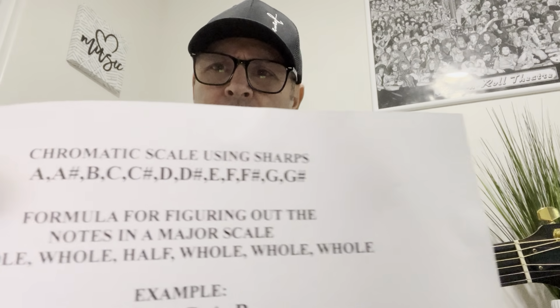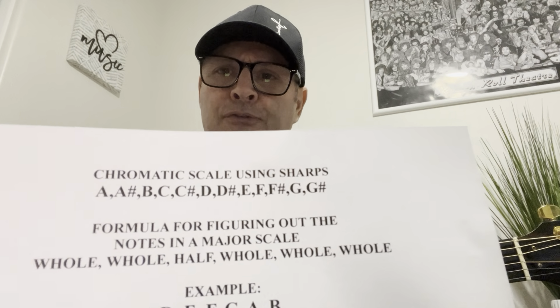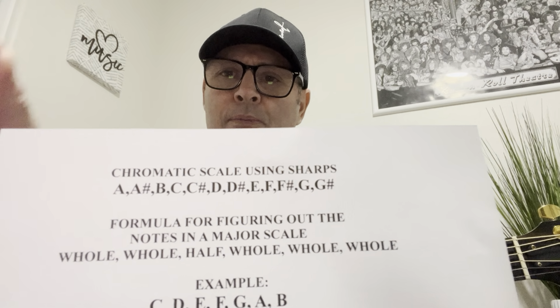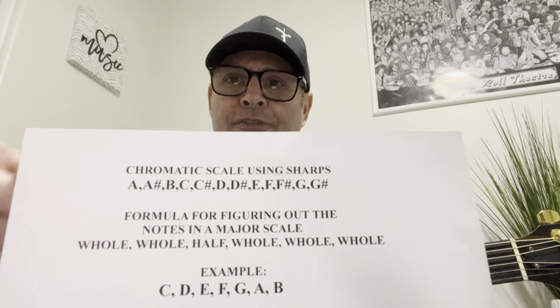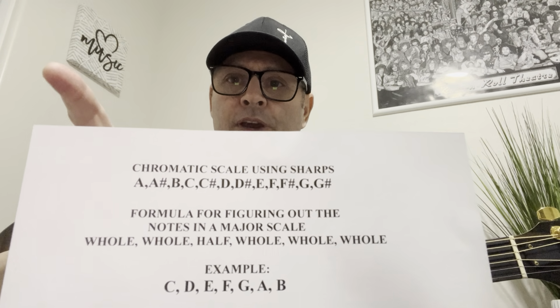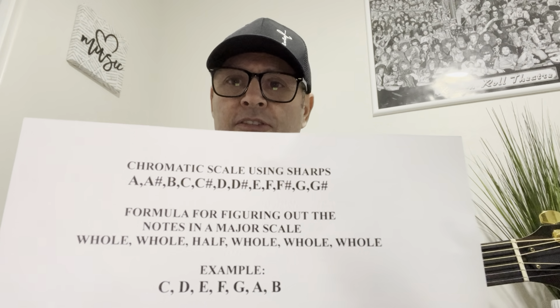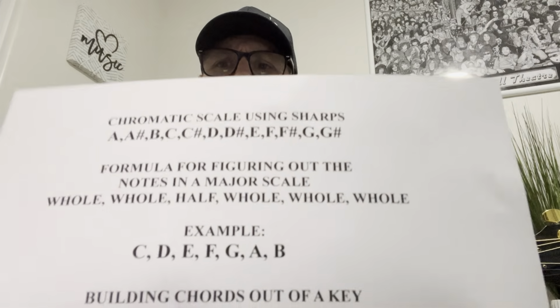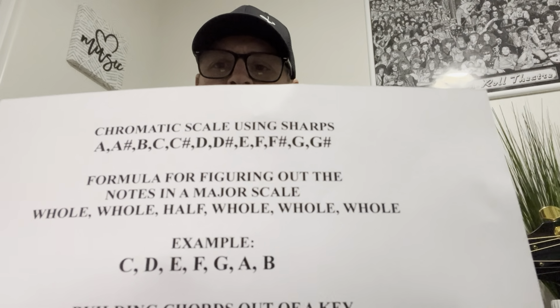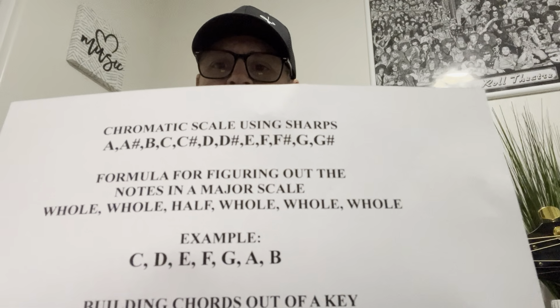And what that means is, for instance, on this example, I'm doing just the key of C. So if I take that C note and I go to this chromatic scale up here and I start on the letter C, every note on that chromatic scale would be considered a half step, and then every 2 notes would be considered a whole step.